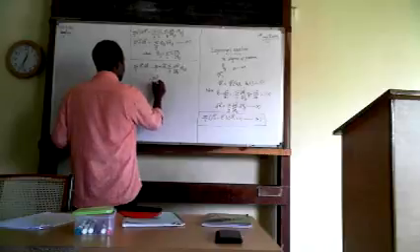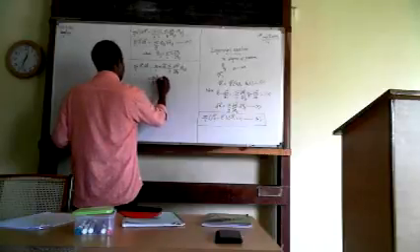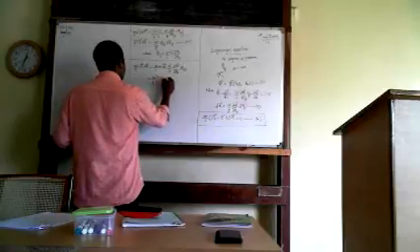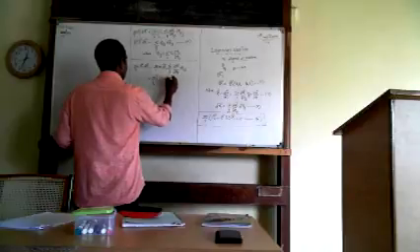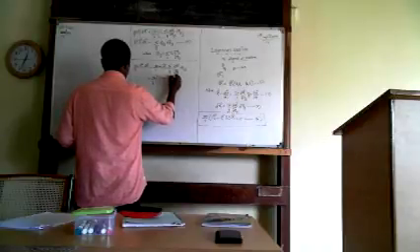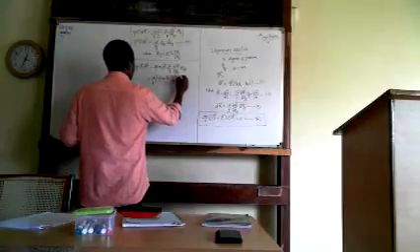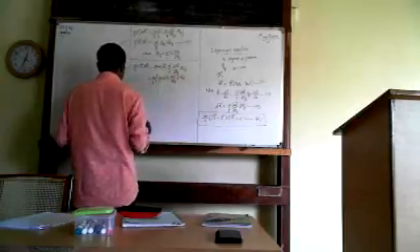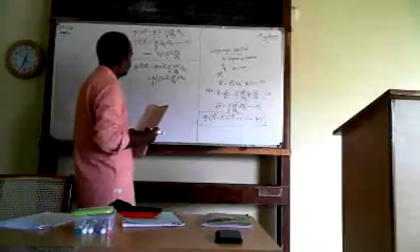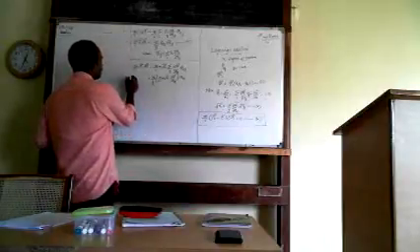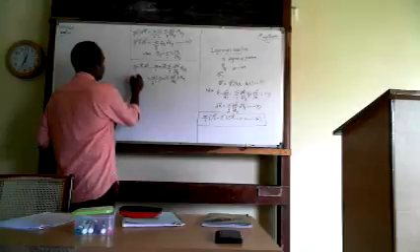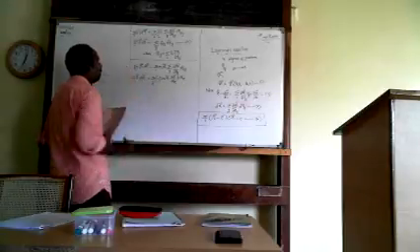Sigma j is taken out, then sigma i, Ri double dot, dou Ri by dou qj, delta qj, and LHS is sigma i Pi dot delta Ri.